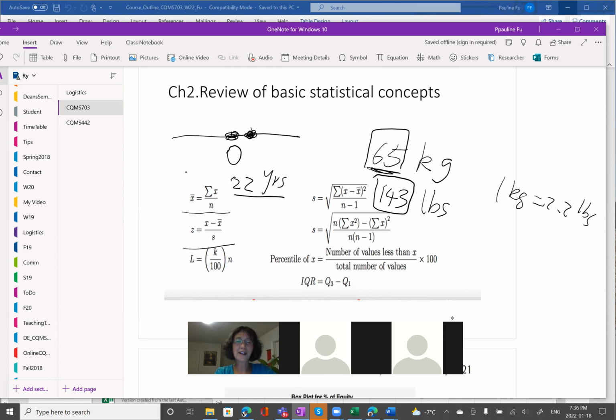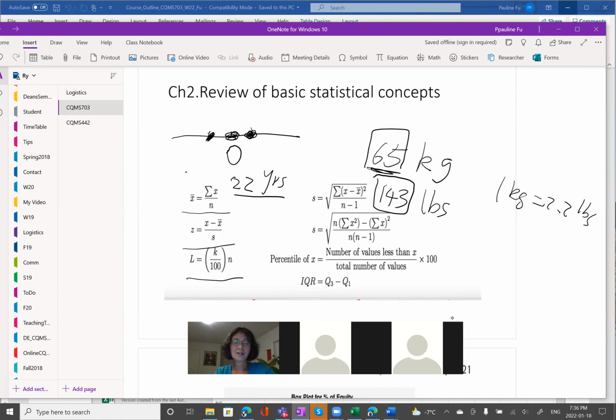If your age is 18 years old, you are here on the left-hand side of this 0. So that is the Z-score. Take the average as 0, and then other numbers are compared with this average. And also the relative location.